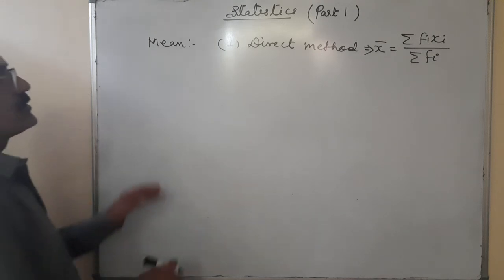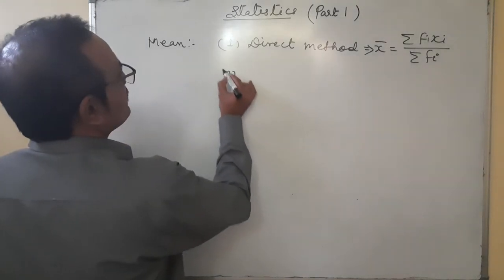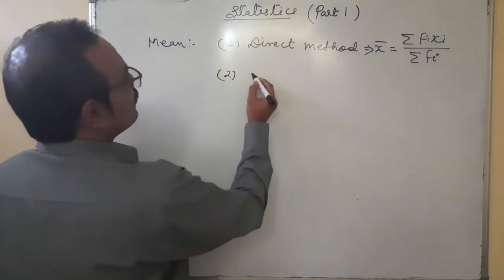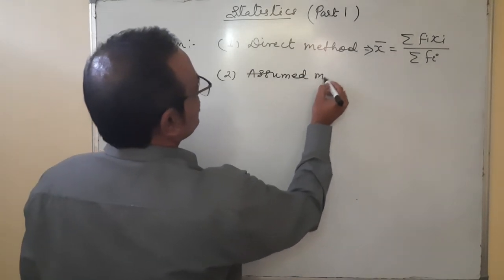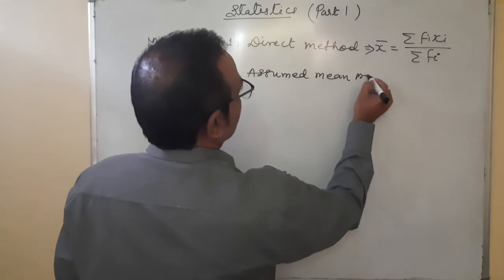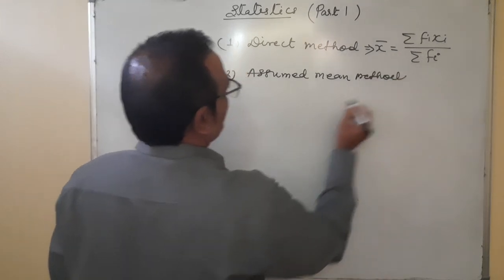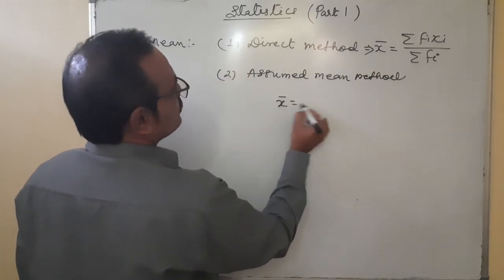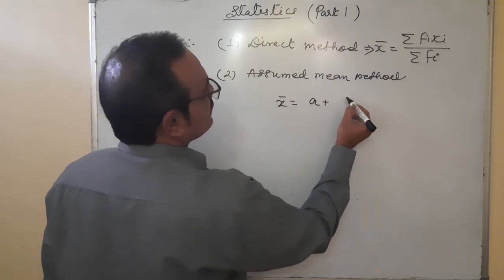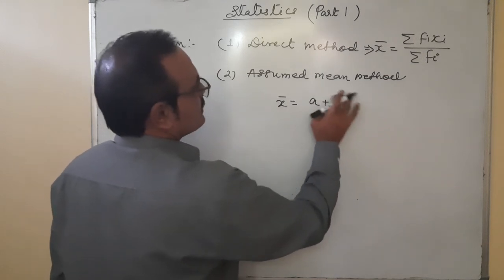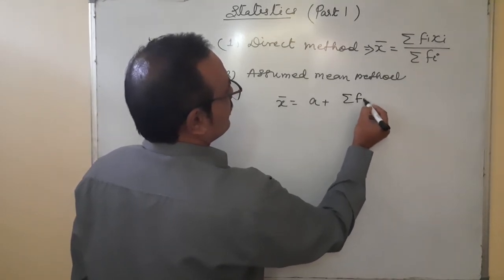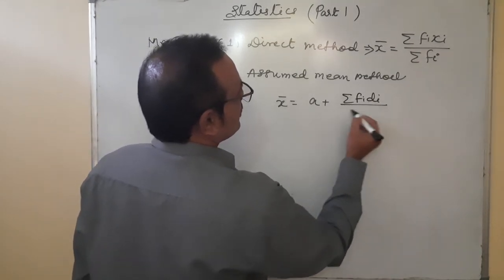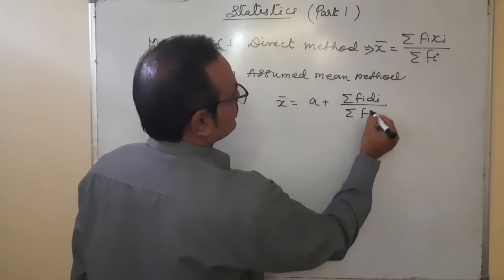The second method is the assumed mean method. X bar is equal to a plus summation fi di upon summation fi.